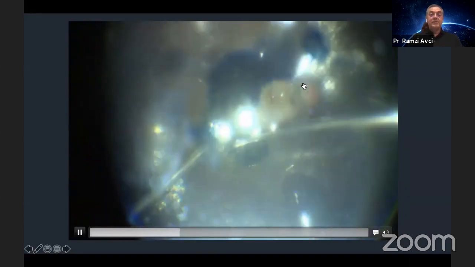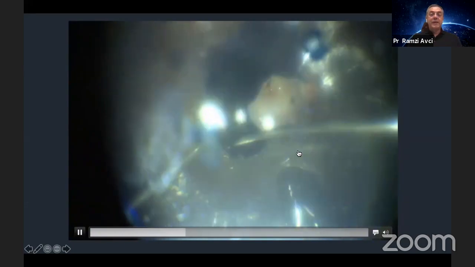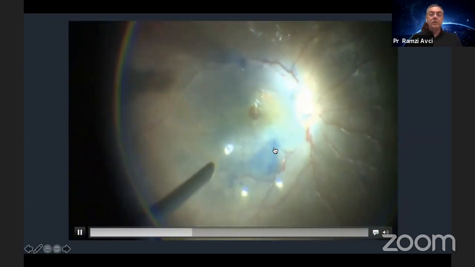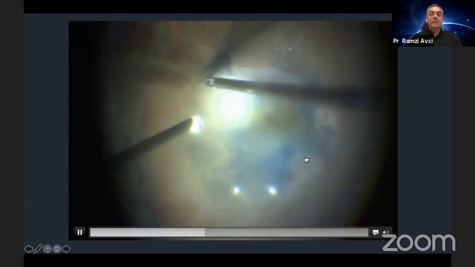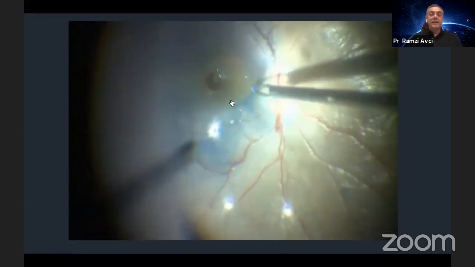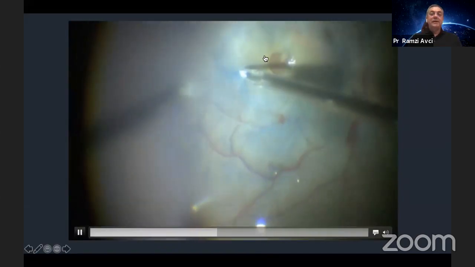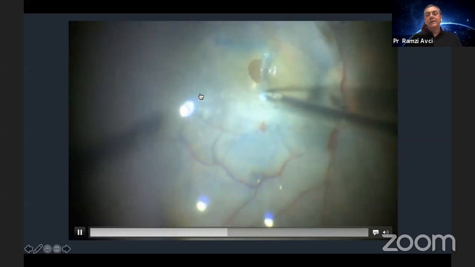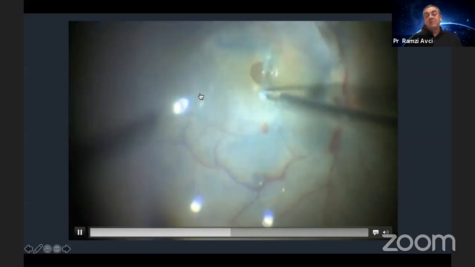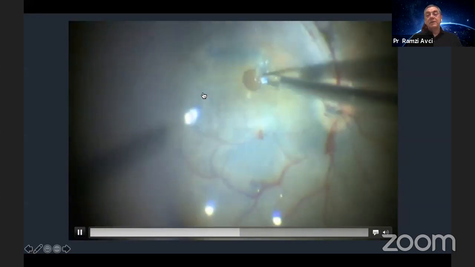Then after the PFCL bubble, again I do the same technique, stay at the edge of the hole, first remove the epiretinal membrane, then create a temporal crescent. Usually I prefer a temporal inverted flap, but sometimes we may need another quadrant flap also.